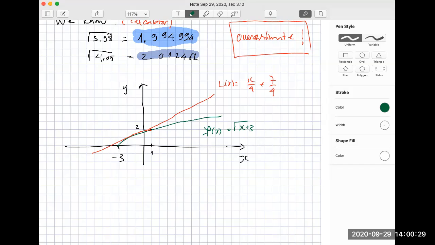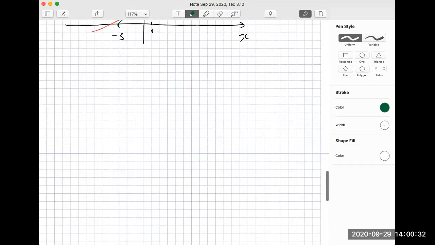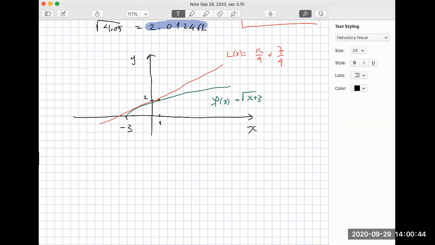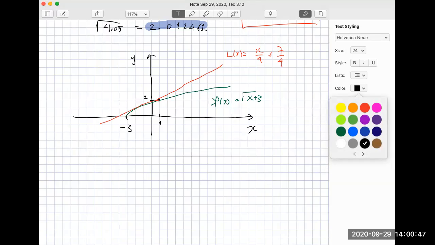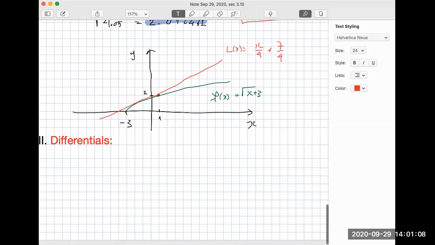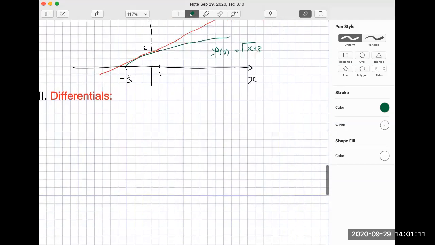So now, let us play with some other concepts. Differentials. Okay. So let me remind you about the formula of the first derivative.